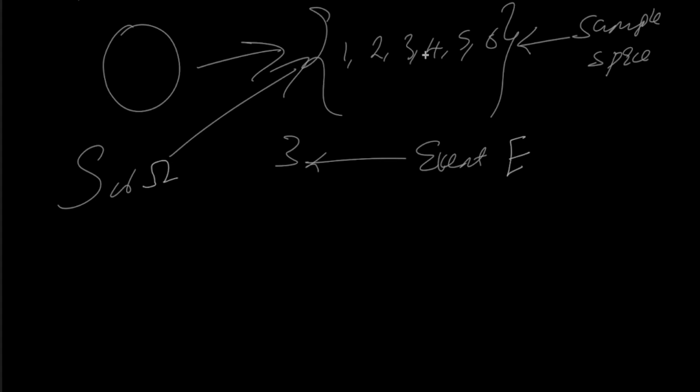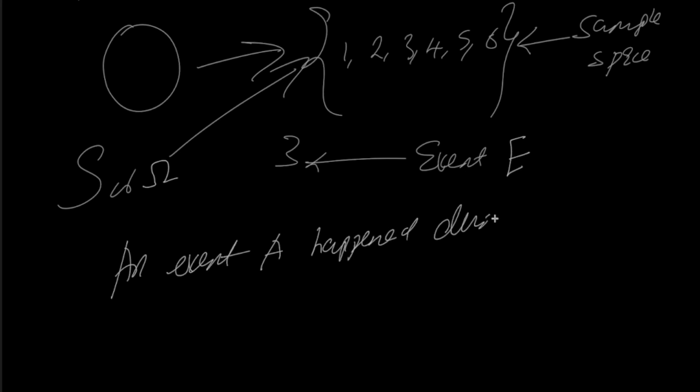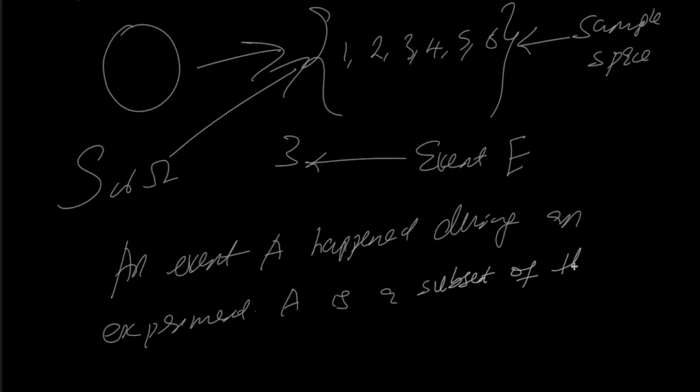What if you are given this type of question? Event A happened during an experiment. A is a subset of the 3 possible outcomes, and these outcomes are, let's say, omega.